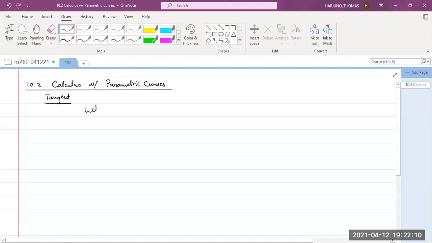Let x be a function of time and y is the function of time. That gives us parametric curve. Then dy dx is actually dy dt over dx dt.